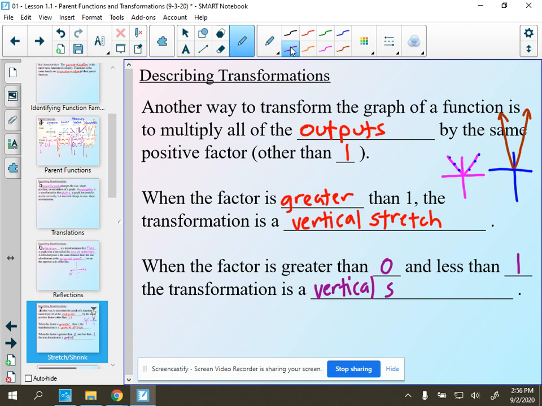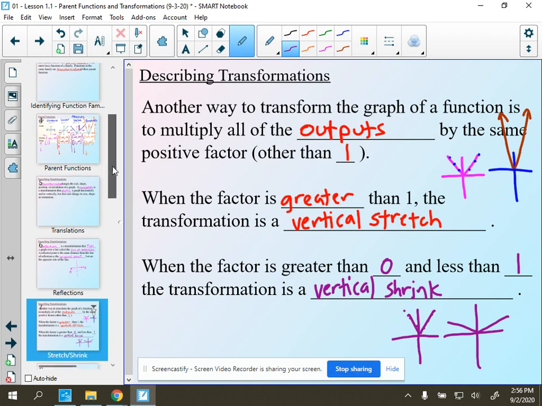Similar to above, but instead of stretching and getting taller and skinnier, if we multiply all the outputs of that same parent function by one half, it's going to cut that graph down and make it kind of flatter, or wider. Vertical shrink pushed it down.